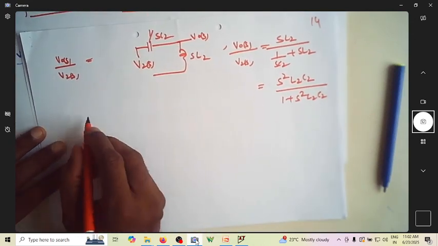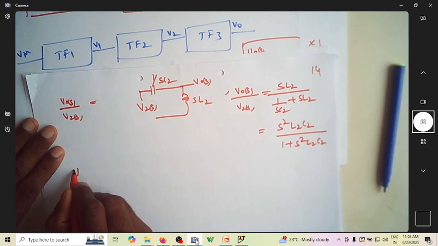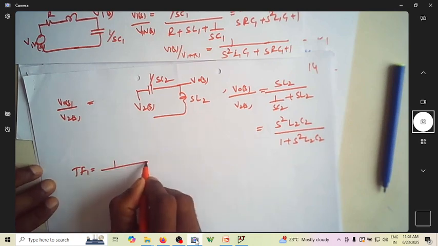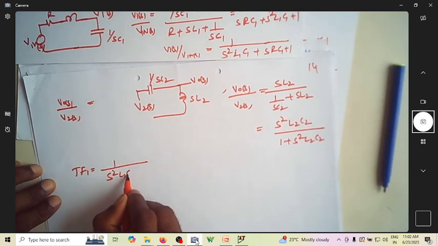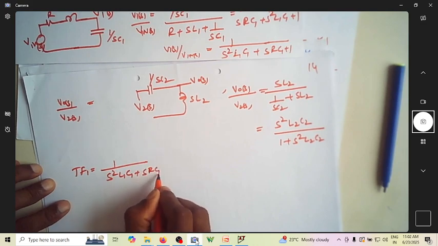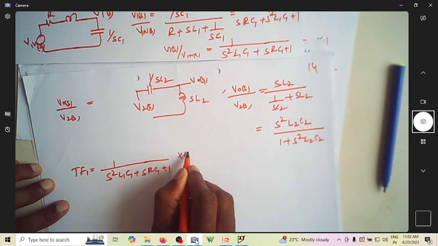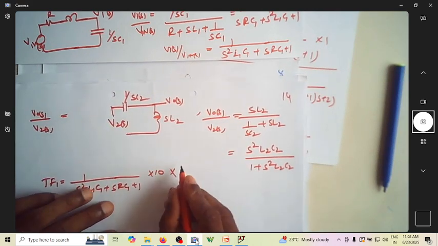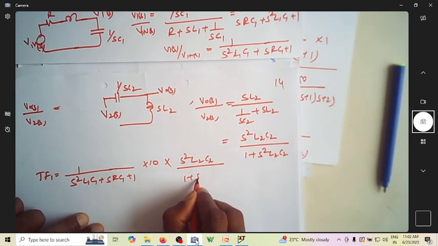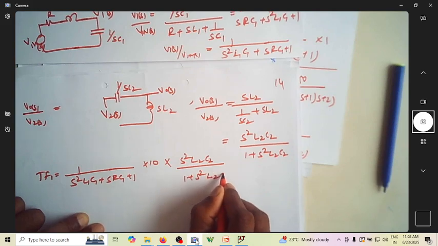So what is transfer function 1? Transfer function 1 is 1 over S squared L1 C1 plus SRC1 plus 1, into 10, into the transfer function S squared L2 C2 by 1 plus S squared L2 C2.